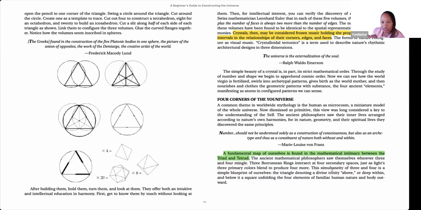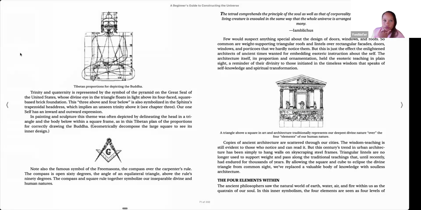This simultaneity of 3 and 4 is a simple blueprint of ourselves, the triangle denoting a divine trinity above or deep within, and below it a square unfolding, the 4 elements of familiar human nature embody outward.